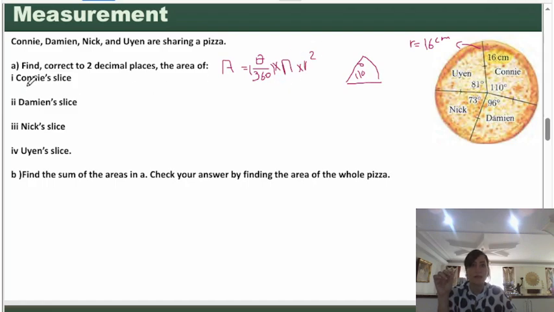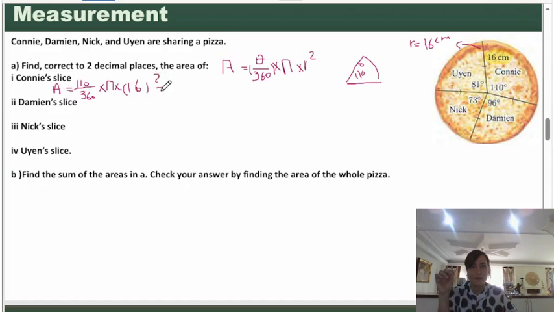r squared. So for Connie's slice, the arc is 110. So the area would be 110 over 360 times pi times the radius of this pizza, 16 to the power of 2.